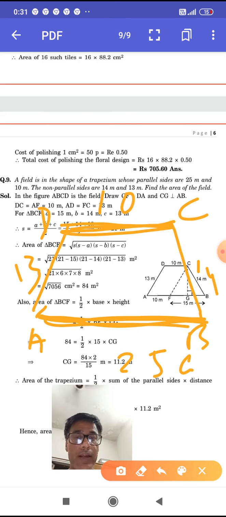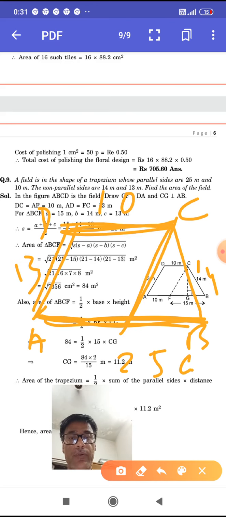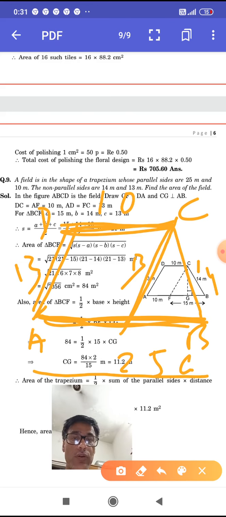Now the area of the field means the area of the trapezium. So we have to do some construction here. First we will draw a line CF parallel to AD. If AD is 13 centimeter, this is also 13 centimeter. If the total is 25 centimeter, it becomes a parallelogram. That means this is 10, so AF is also 10 centimeter.